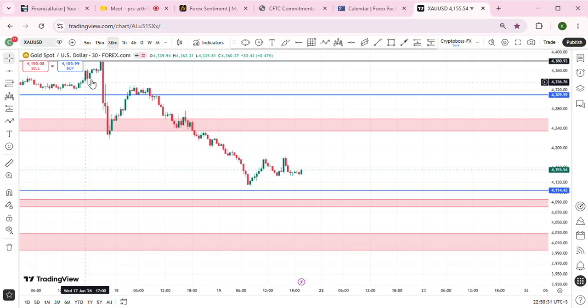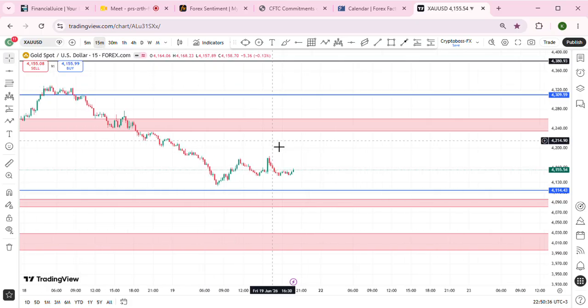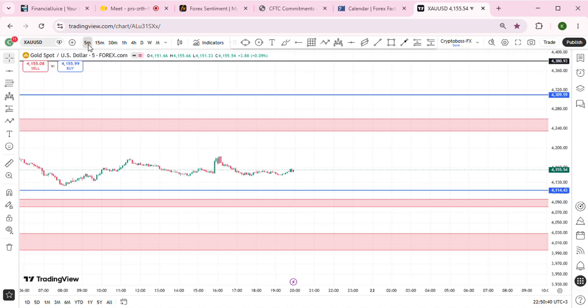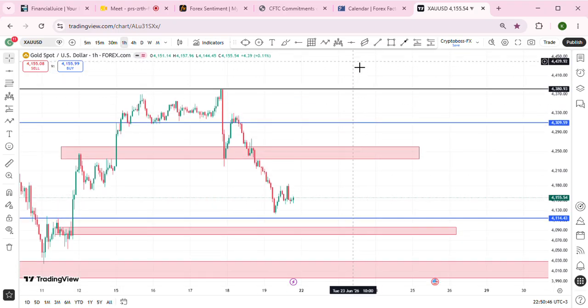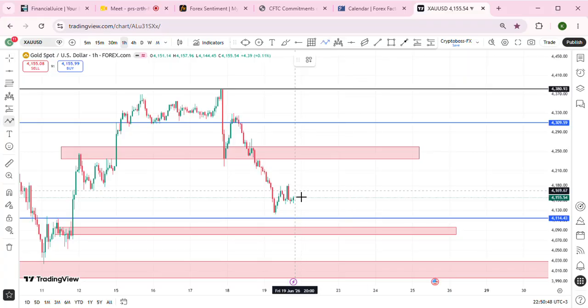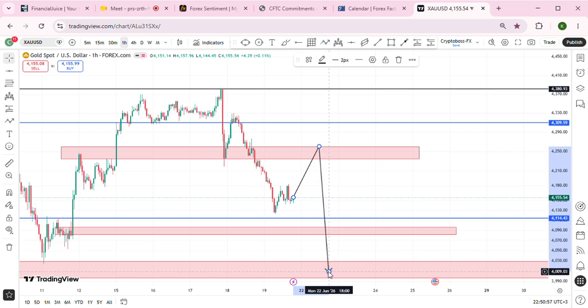On 30 minutes, I don't see anything making much difference from the 1 hour. Same for 15, and also same for this one. So let's wait and see how the market opens. But I've told you there's high probability the market opens with a gap to the upside, and then from there you can be looking for these long sales.